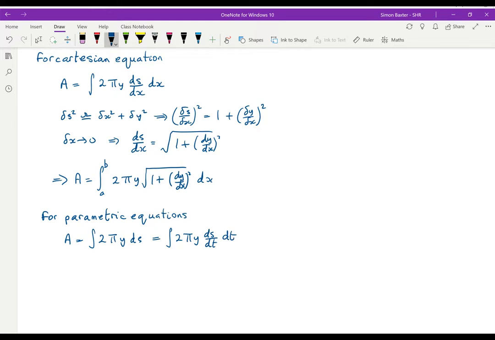In the same way, we start with delta s squared is delta x squared plus delta y squared, dividing both sides by delta t squared.